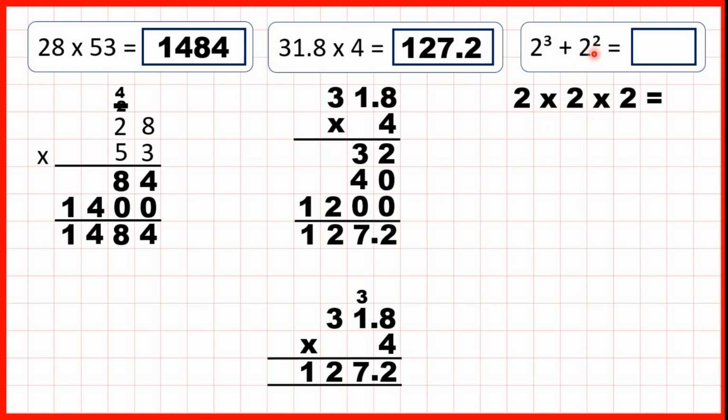And 2 squared, this 2 means multiply the number by itself. So 2 cubed is 2 times 2 times 2, which is 8, and 2 squared is 2 times 2, which is 4, and we're adding those together, so 8 plus 4 is 12.